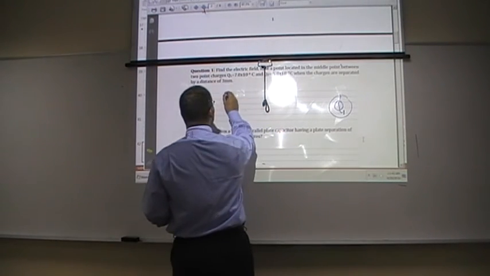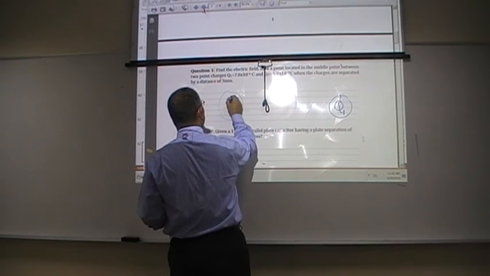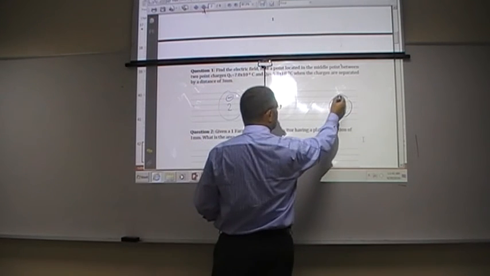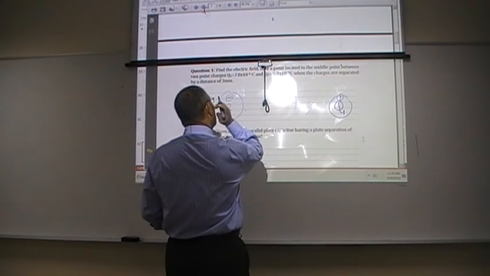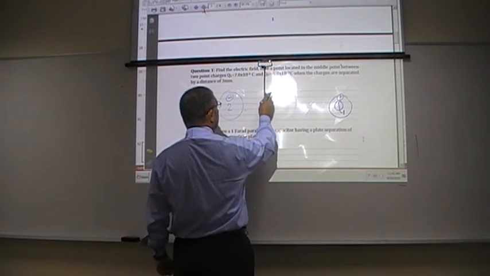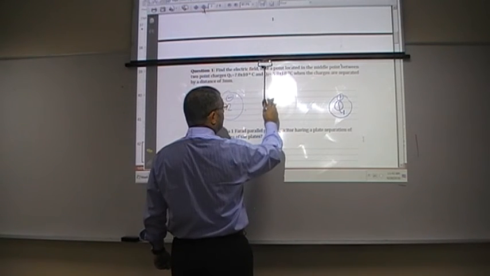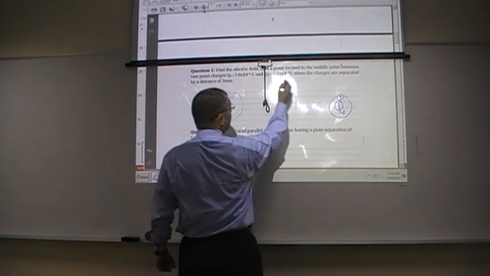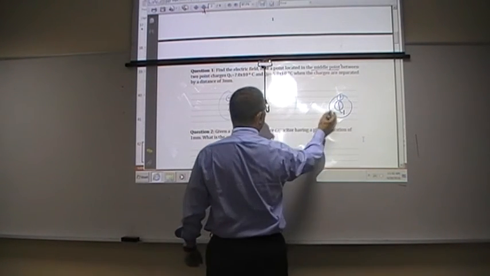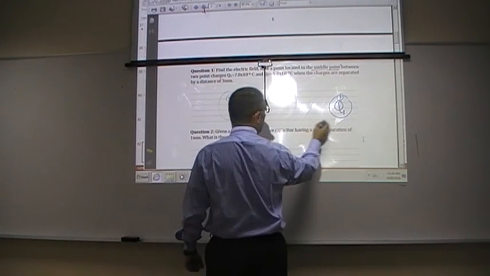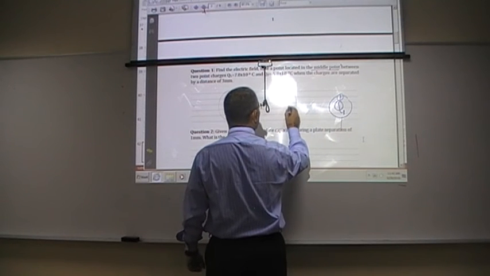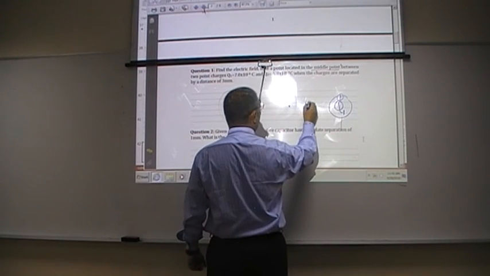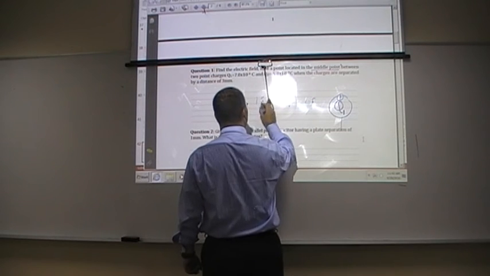And Q2 here is negative. And he wants you to calculate the electric field at the middle point. So this is my 3, so the point is here, 1.5, 1.5.